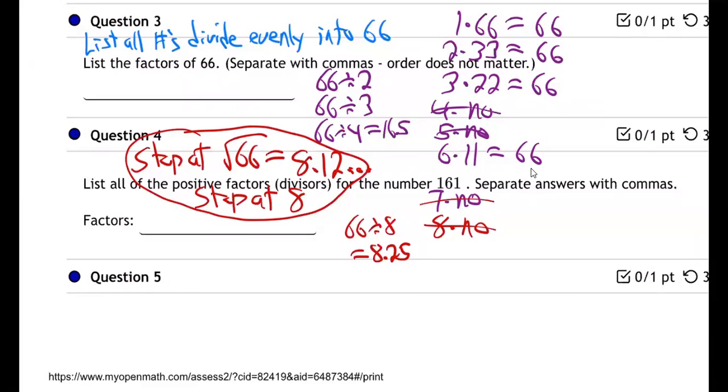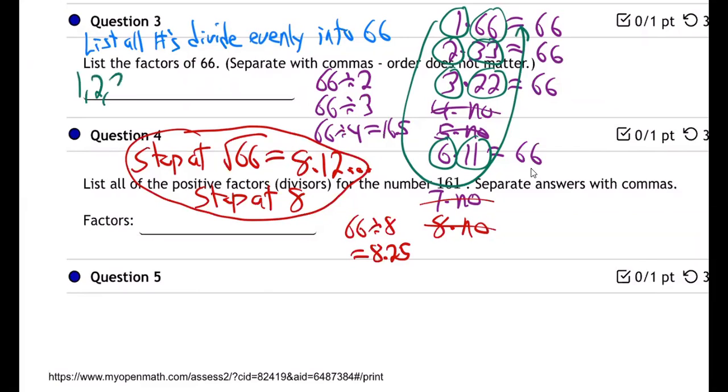So what are the numbers that divide evenly into 66? 1, 2, 3, 6, 11, 22, 33, 66. But again, the order doesn't matter. You can put it in any order on this one.